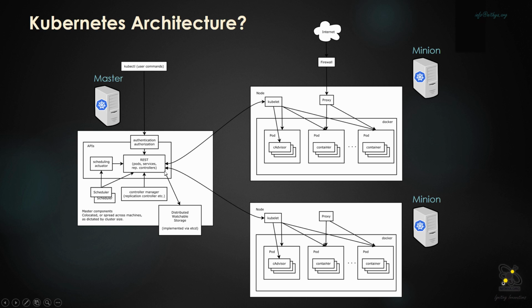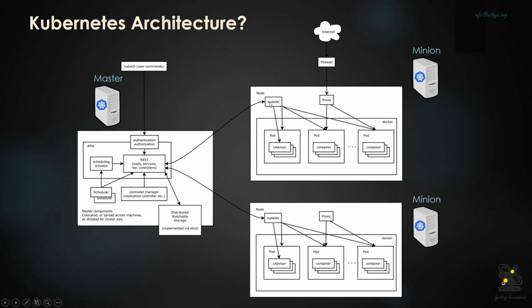Another thing is the controller manager, correct? As I said, the controller manager is a single binary, but it handles many types of controlling, like node controller, replication controller, token and service account controller. Everything is handled by this controller manager, correct?